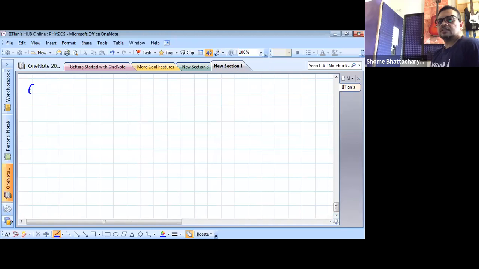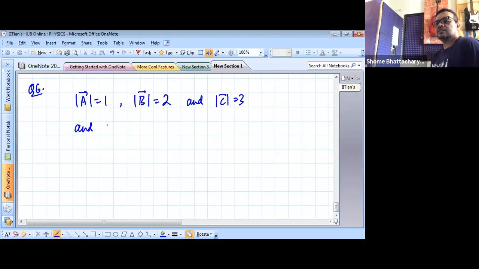So question 6 is saying that we have 3 vectors such that magnitudes of the vectors are 1, 2 and 3, and the vectors lie along the consecutive sides of an equilateral triangle.